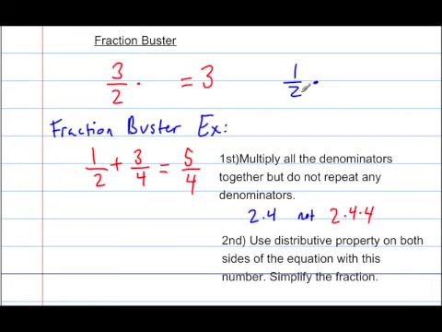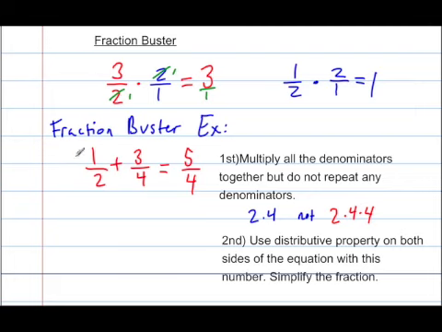The reciprocal of this is going to be 2 over 1, which equals 1. So if I multiply by the reciprocal over here, then 2 goes into 2 once, 2 goes into 2 once. 3 times 1 is 3, 1 times 1 is 1. So we got rid of the denominator at this point.